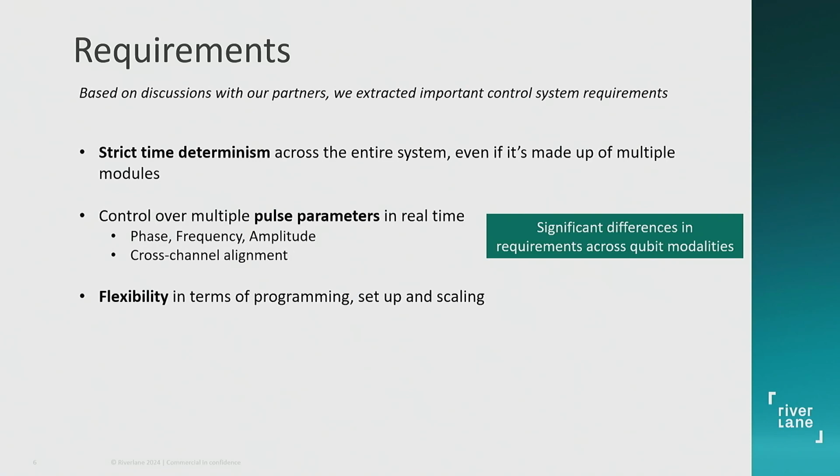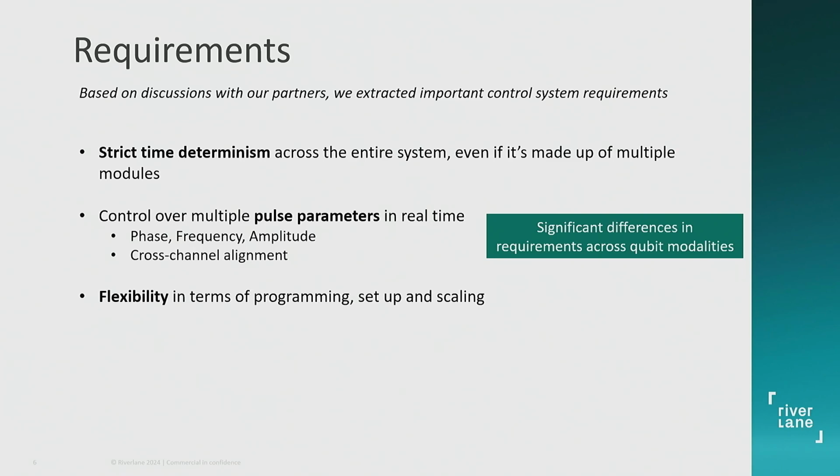We spoke to a lot of labs and a lot of customers and did our own research into different qubit technologies. And from that, we extracted a bunch of requirements that we think are core to actually building a large-scale and future-proof control system. One of them is strict time determinism, and that is across the entire system, especially when we scale to systems that are across multiple physical modules.